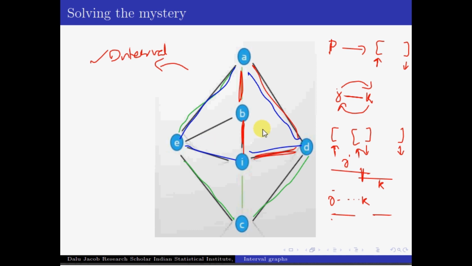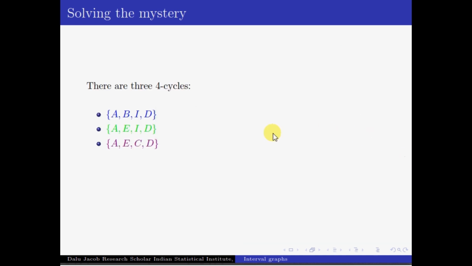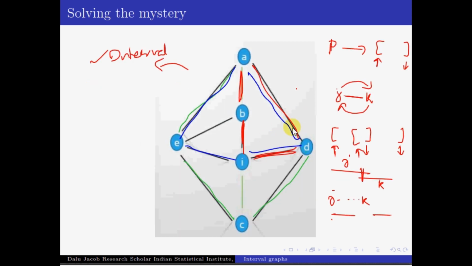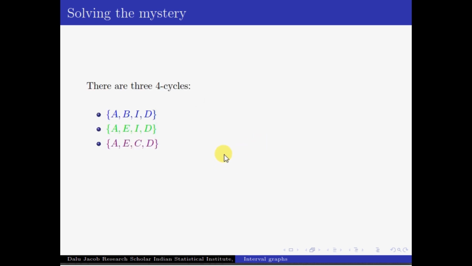This is the reason the detective understood that one of the professors must be lying, because the graph should be an interval graph, but it is not. So the detective should be good at mathematics in order to arrive at such a conclusion. Let us assume that he knew mathematics. So let us come back to our solution.